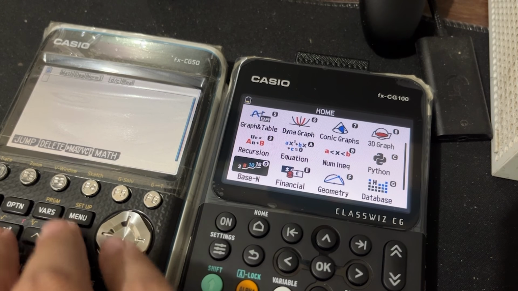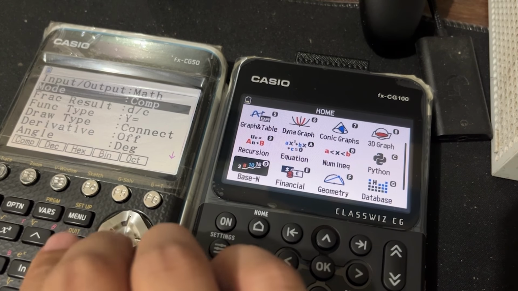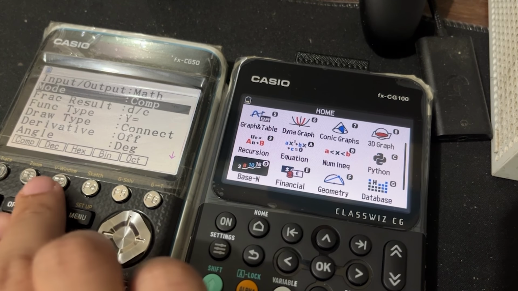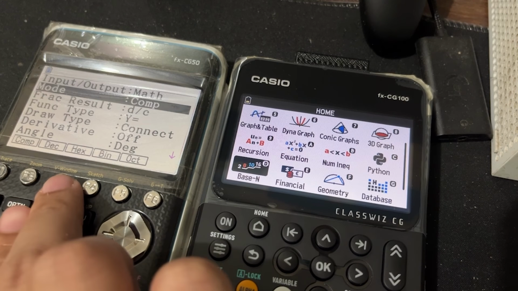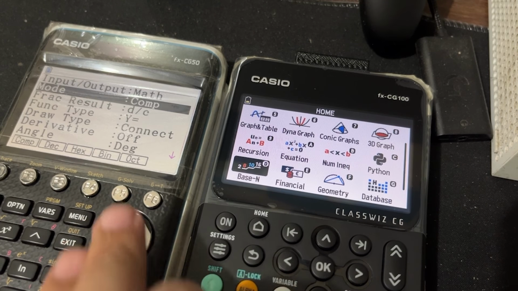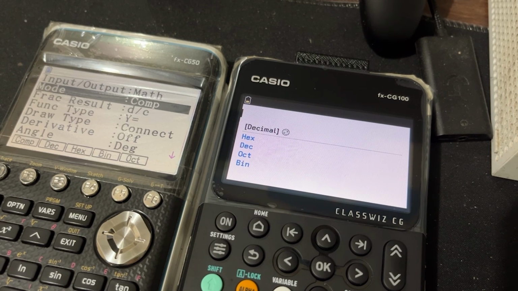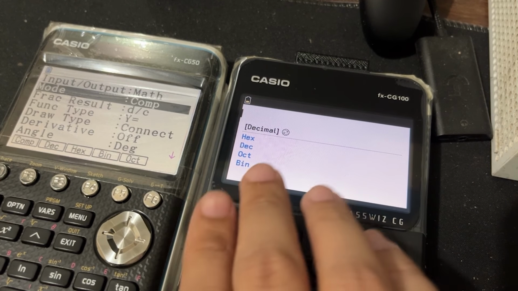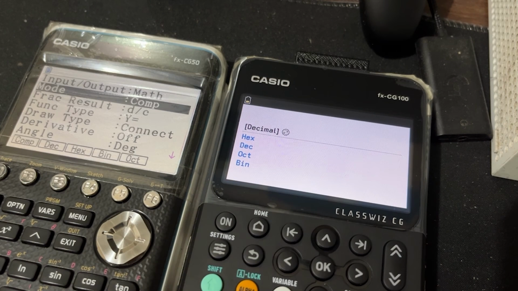We're going to go to setup. There's a Base-N over there, with decimal and octal. This one has easy functions like hex, decimal, octal, and bin.